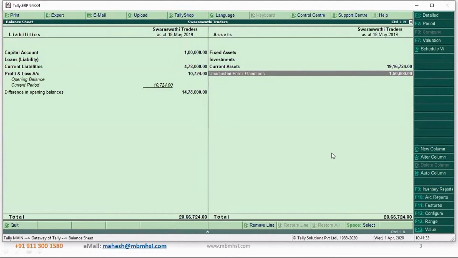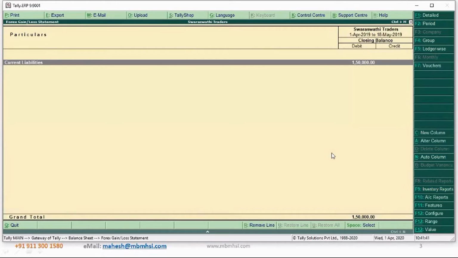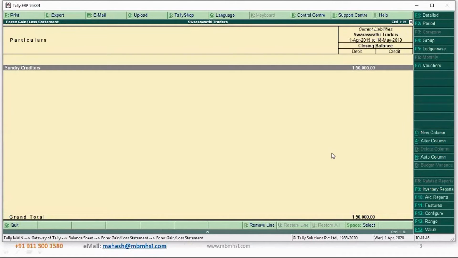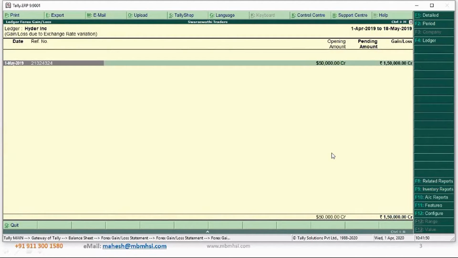So 1,50,000 is shown as unadjusted. You still need to adjust this 1,50,000. If you press enter and go in, it will take you to the specific ledger of Haider Inc, in which, against this purchase invoice, it is giving you the tracking.